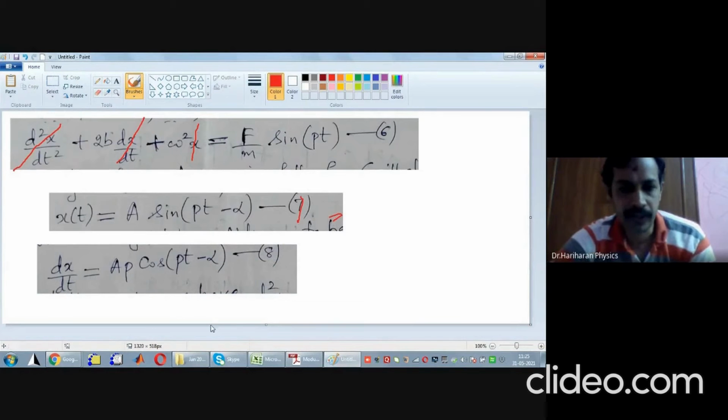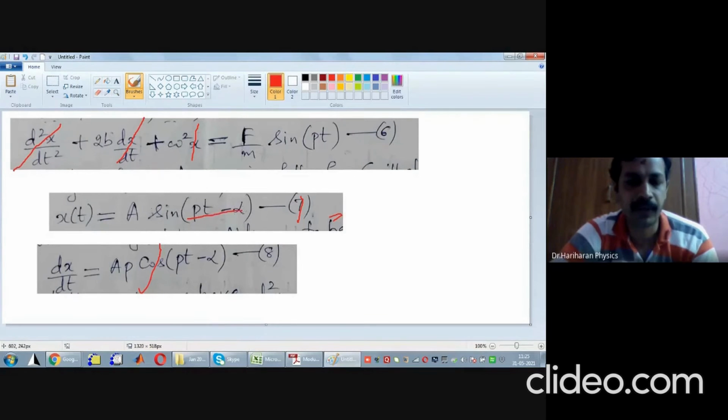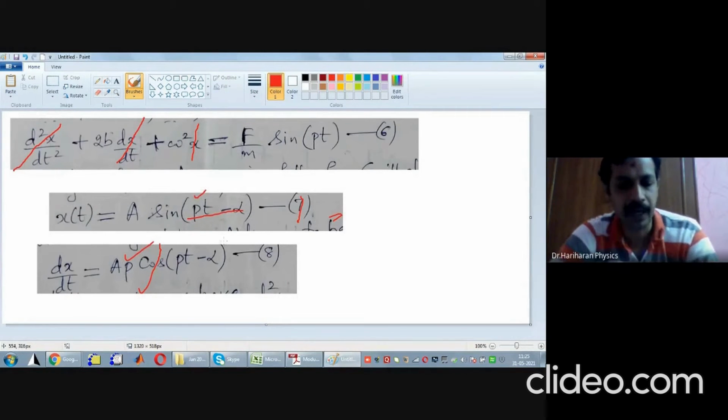Velocity dx by dt is equal to ap into cos of pt minus alpha. I think it is clear. d by dt of sine theta is cos theta, and if you differentiate pt minus alpha with respect to t, p will come out. Therefore, it's going to be ap into cos of pt minus alpha.